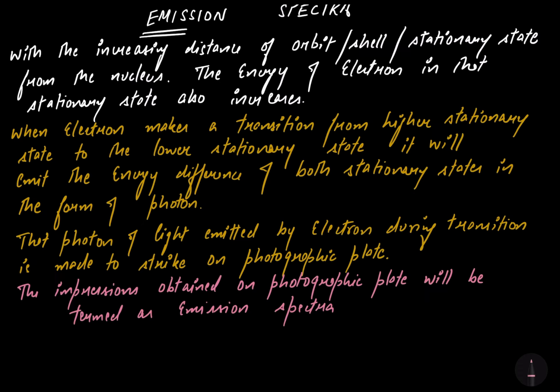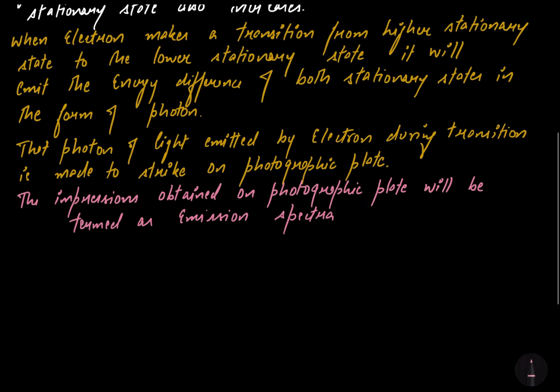The photon emitted will have energy equal to the difference between both the stationary states, and that photon is made to strike on the photographic plate. Whenever a photon strikes a photographic plate, it will give some impression, and those impressions are termed as emission spectra. Now let me explain this diagrammatically, but one thing more.